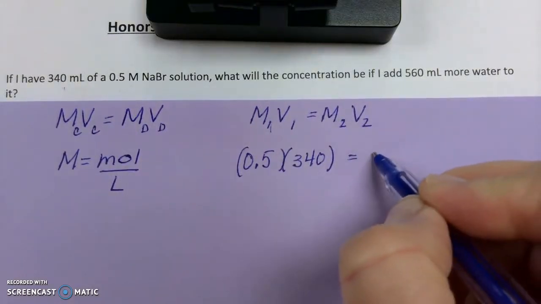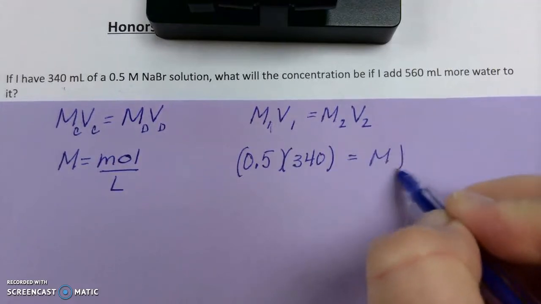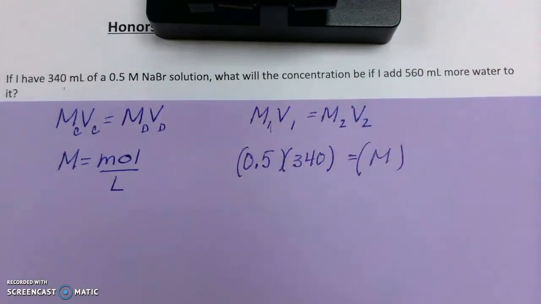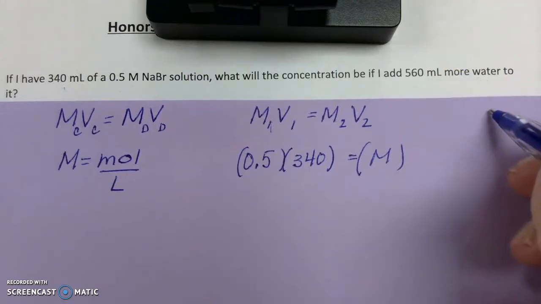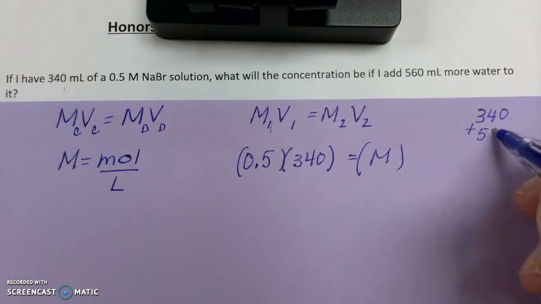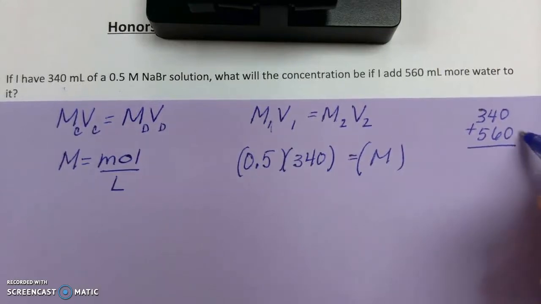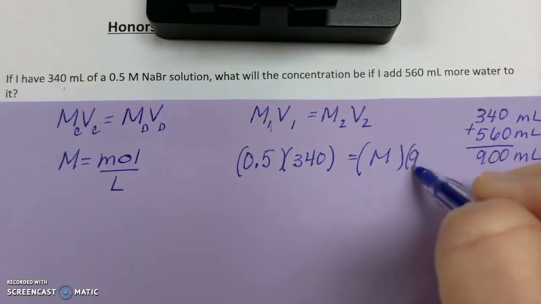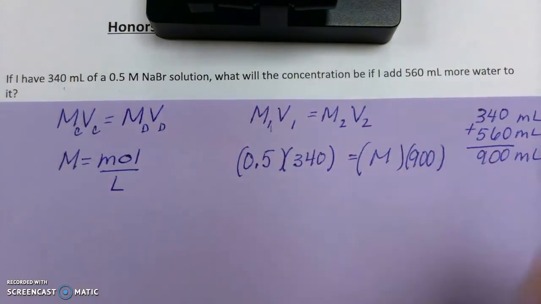You're looking for the new concentration if you dilute it with 560 milliliters more of water, which means that you have your original 340 and you're diluting it with adding this much more water. So if you add those two up, you have 900 milliliters, and we'll put that into the equation.